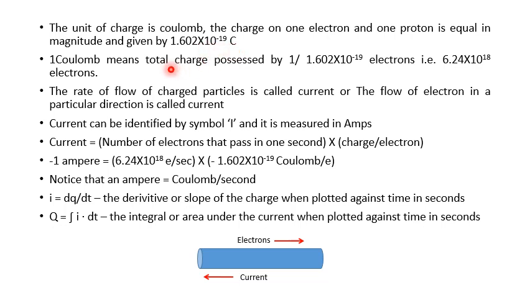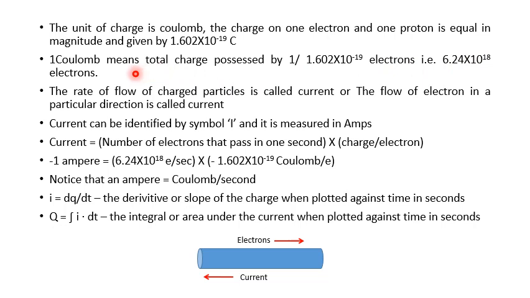One coulomb means the charge possessed by 1 by 1.602 into 10 raised to minus 19 electrons. That means 6.24 into 10 raised to 18 electrons.